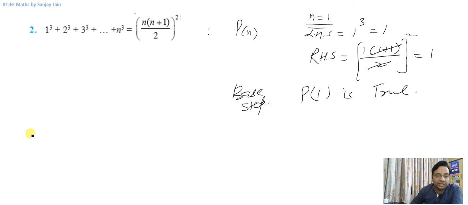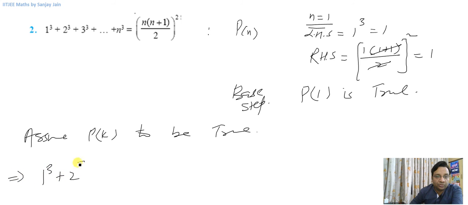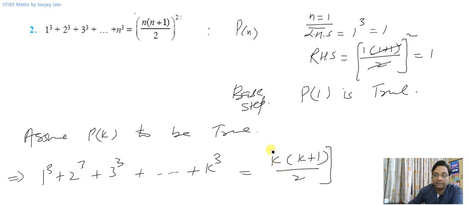Now the inductive step. So assume P of k to be true. That would imply that 1 cubed plus 2 cubed plus 3 cubed plus up to k cubed is equal to (k into k plus 1 upon 2) squared, right?